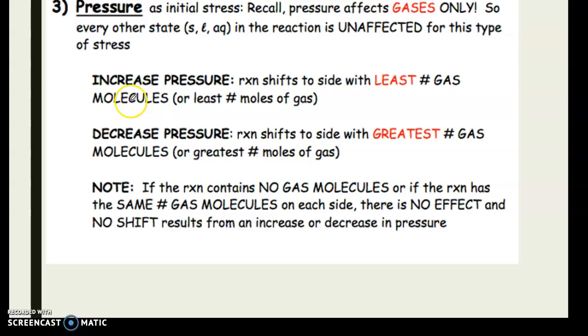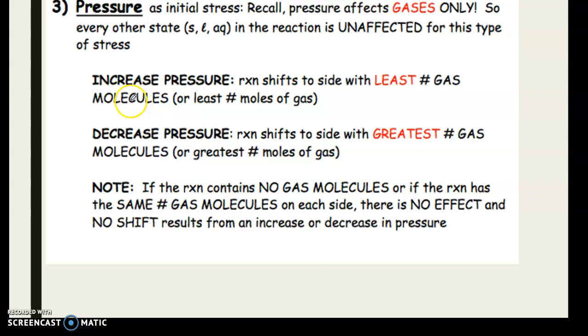Just add up all your coefficients on your reactant and your product side to see which one has the least and which one has the greatest. When we increase pressure, we're going to shift to the side with the least, and with decreased pressure, we're going to shift to the side with the greatest.